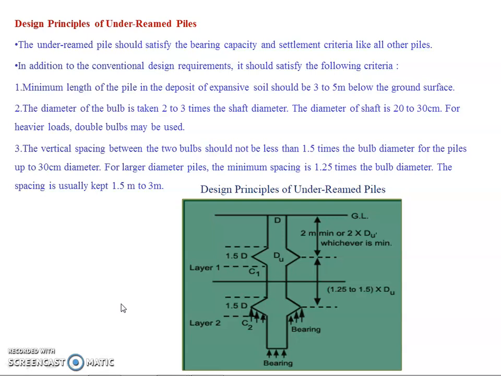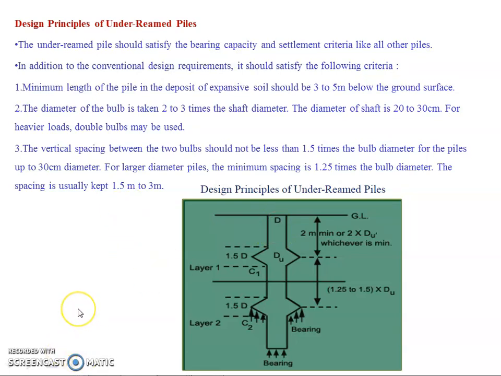So the underream portion of this pile is a minimum of 3 to 5 meters below the ground surface. The diameter of the bulb is taken as 2 to 3 times the shaft diameter. This Du portion is 2 to 3 times the pile portion D.